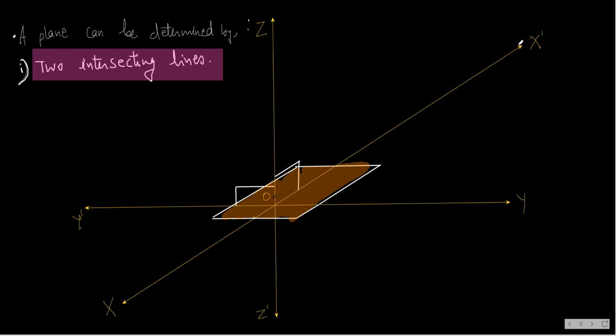Then you have the intersection of x-axis and z-axis. So that will give you the xz plane. See, the vertical z-axis, and this is x-axis. So this will give you xz plane.